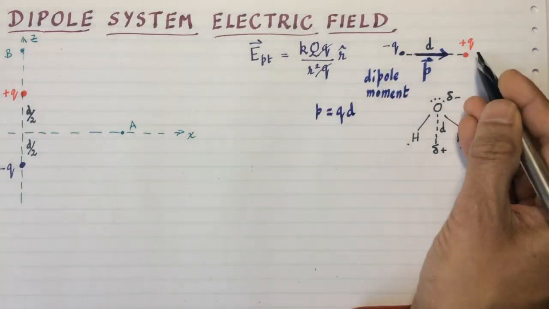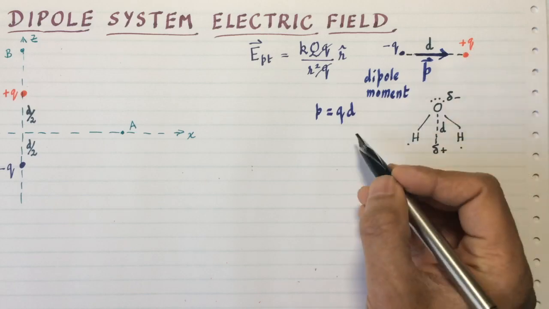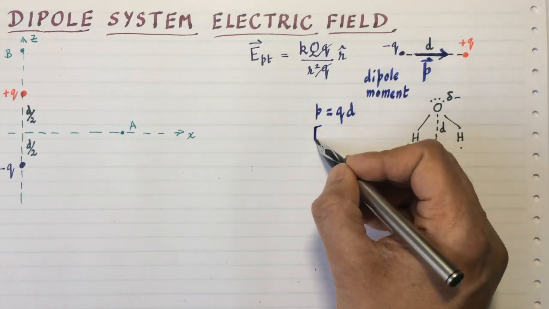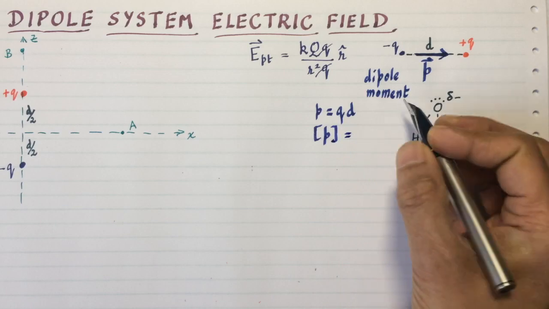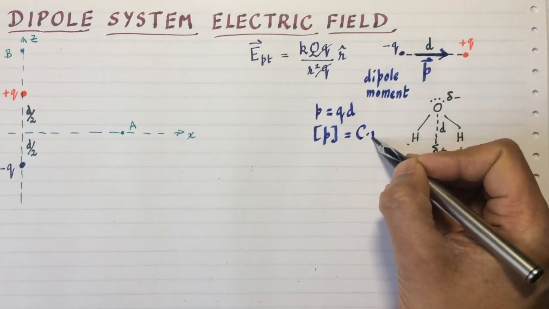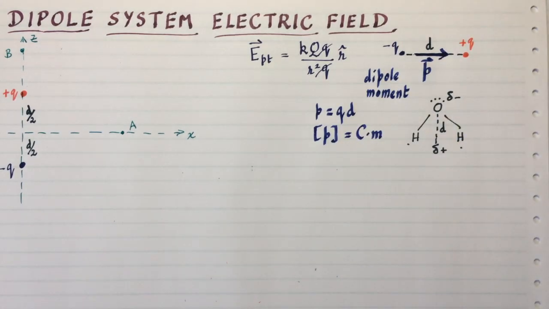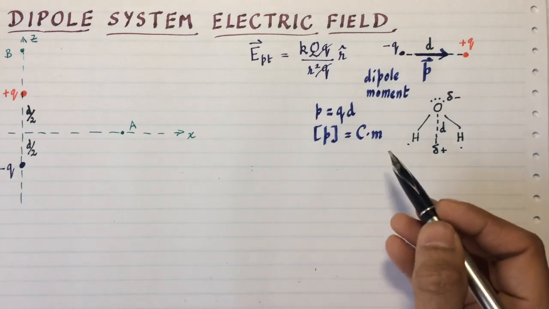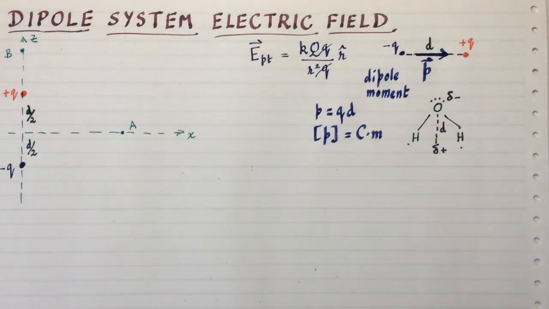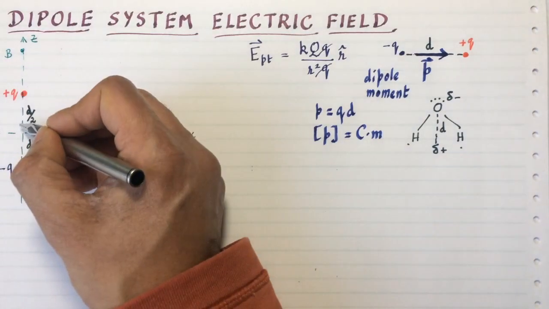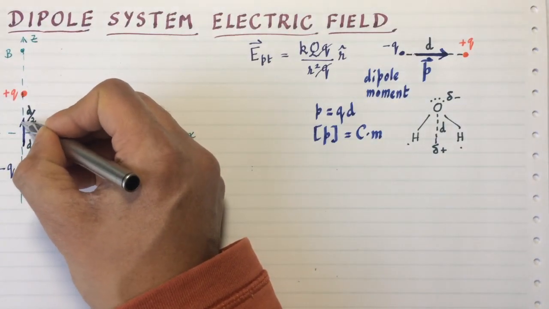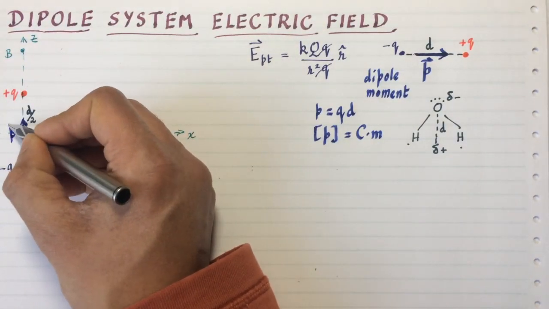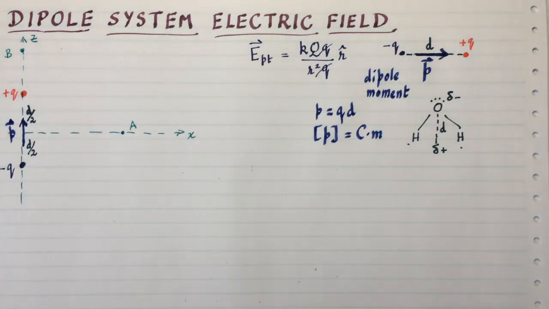You take one of the charges, magnitude, and multiply it by the distance. So the units of dipole moment are just going to be Coulomb meters. Coulomb being the unit of charge and meters being the units of distance. So let's just keep that in mind. Let's actually draw it here. Dipole moment vector for this dipole system.